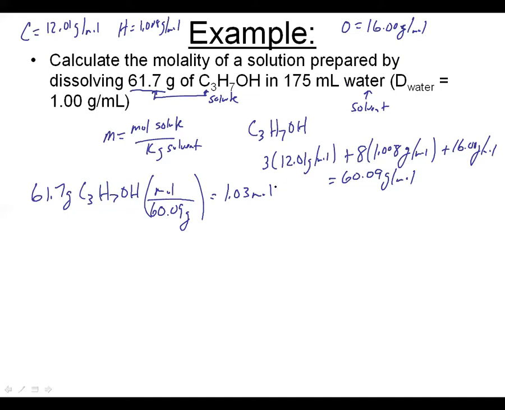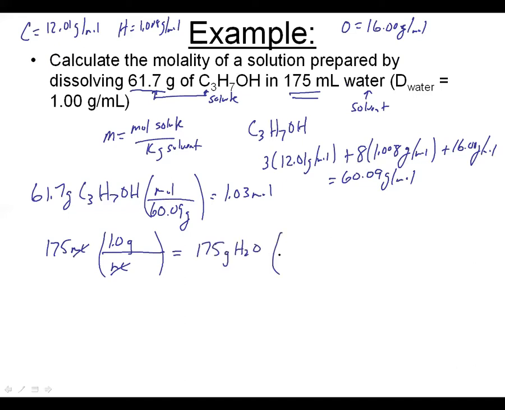We then need to get the kilograms of solvent here. We have the volume, which is 175 milliliters. As I was just talking about, you oftentimes might need the density, which is not too bad in this case. Density is 1 gram per milliliter, so that will get us 175 grams of water.